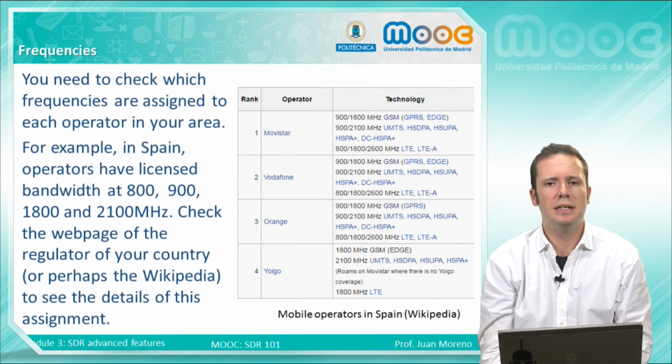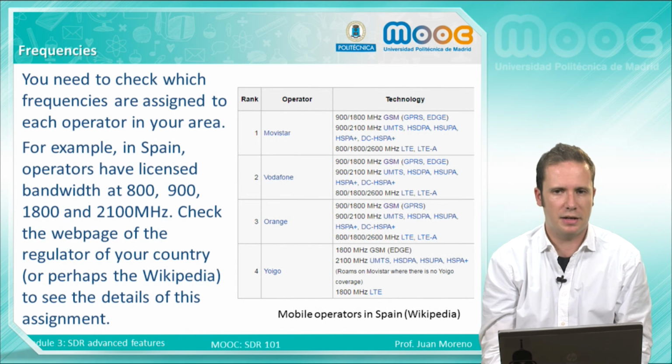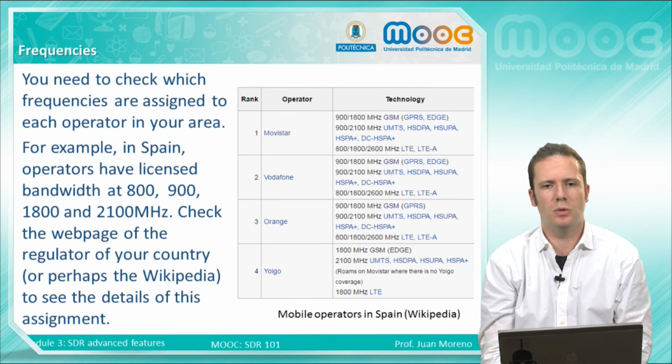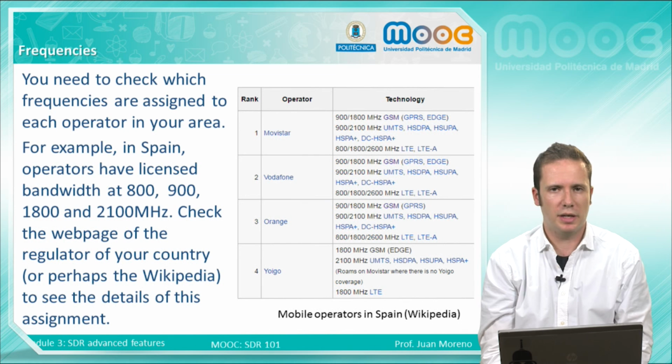You can see that we have assigned bands at 900 MHz, 1.8 GHz, 2.1 GHz, and I think that's it. In the USA, there is also available 1.9 GHz, 700 MHz, and so on. So, before doing any exercise related to mobile communications, you need to be sure which frequencies are being used in your country. And that's it.